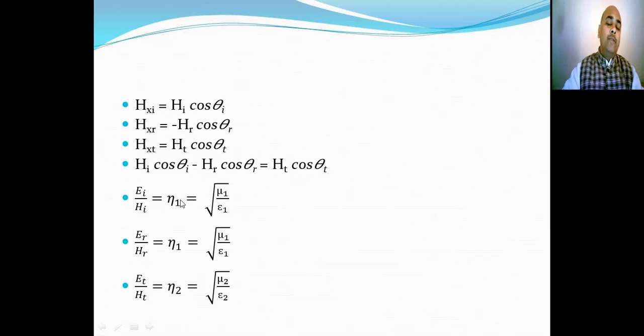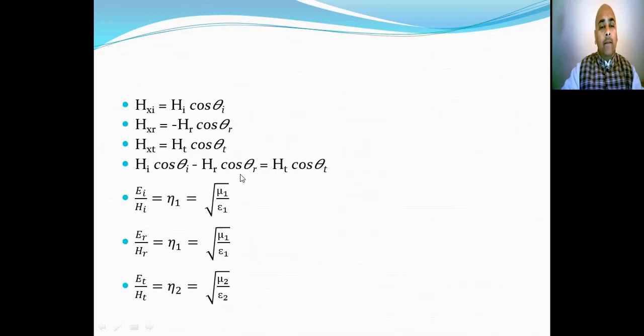Now, by using the equality that the intrinsic impedance of medium 1 is the ratio of E_i by H_i, similarly it is also E_r upon H_r, which again lies in medium 1, and it is equal to E_t upon H_t for medium 2.